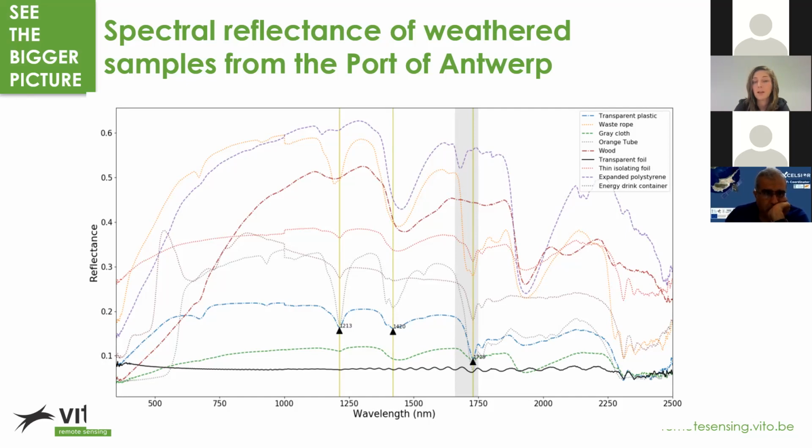However, we also realize that if the plastic becomes quite thin and transparent, you don't see these absorption features so well. This is shown very well here with the black line. It's a transparent foil, and you don't see these absorption features anymore, making it very difficult to retrieve this kind of plastic based purely on spectral information.